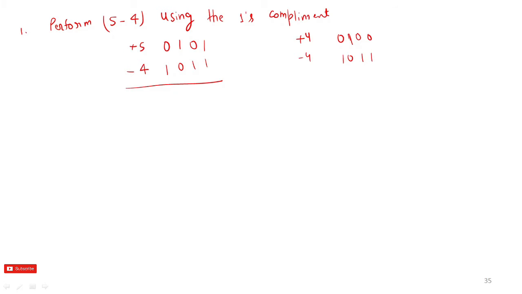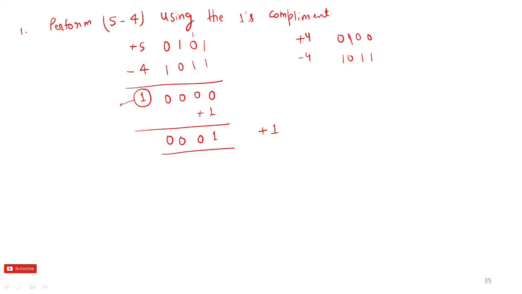Now add: 1 1 0 and 1 1 0, again 1 carry. In ones complement, if you get this carry, the procedure is you have to add this carry to the LSB of your answer and you will get the final answer. Okay, this is your final answer. This is plus 1. So 5 minus 4 is plus 1.